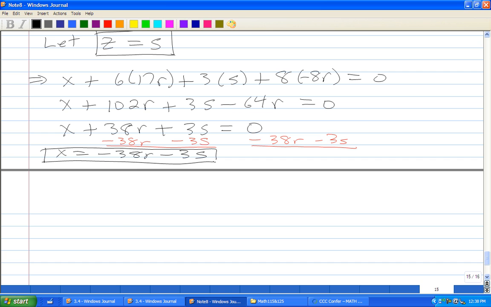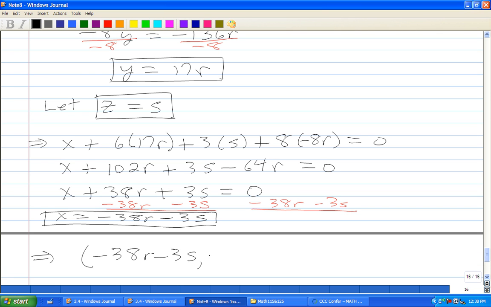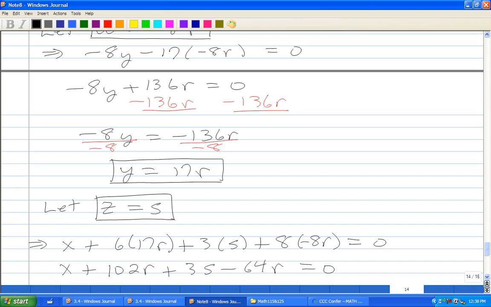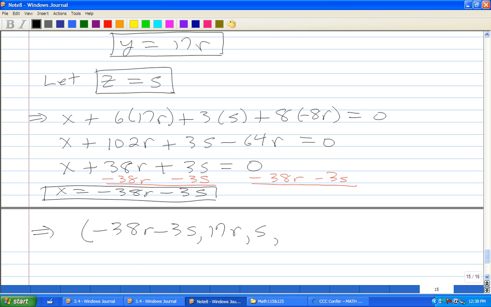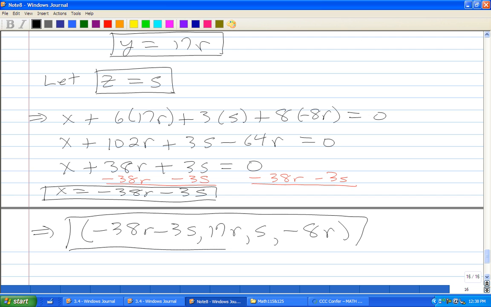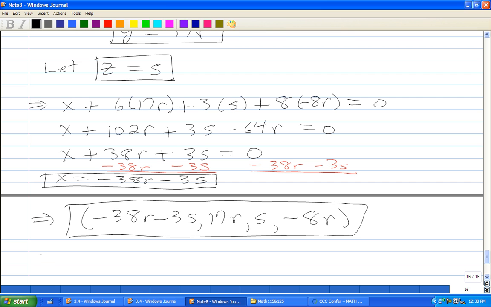So my solution is x equals negative 38r minus 3s, y equals 17r, z equals s, w is the negative 8r, right? This is a two-parameter family of solutions.